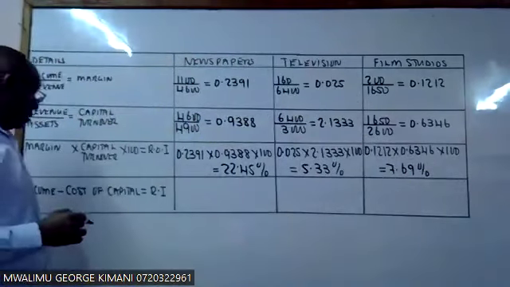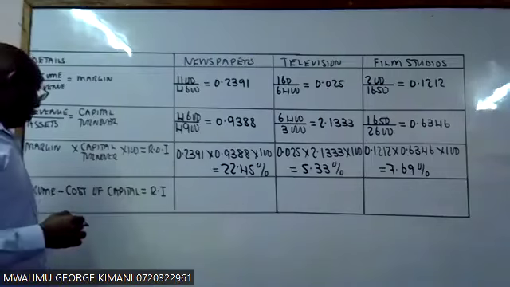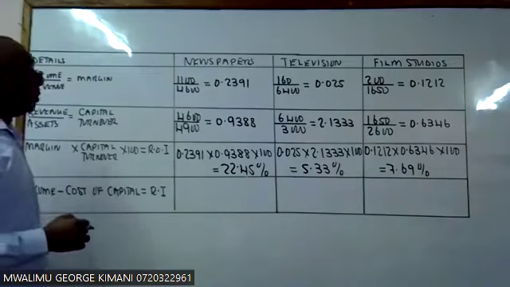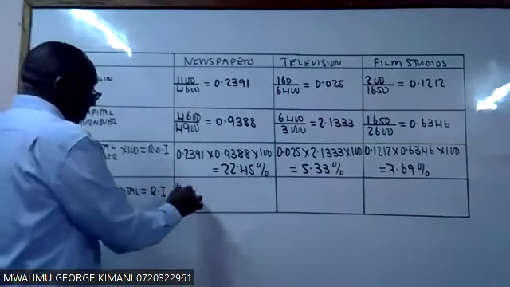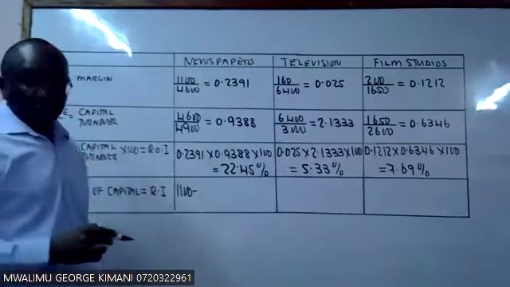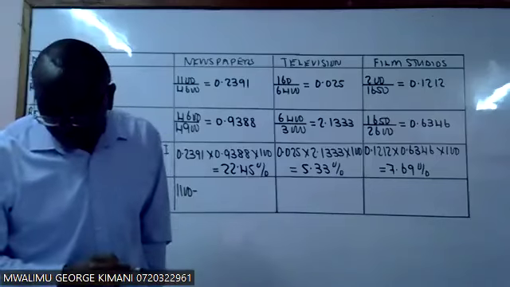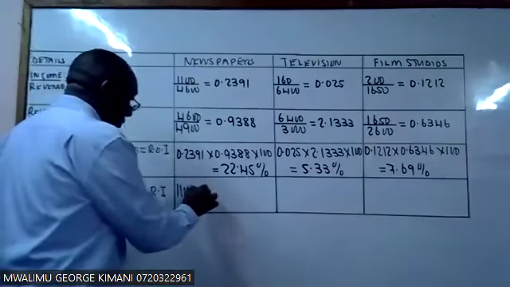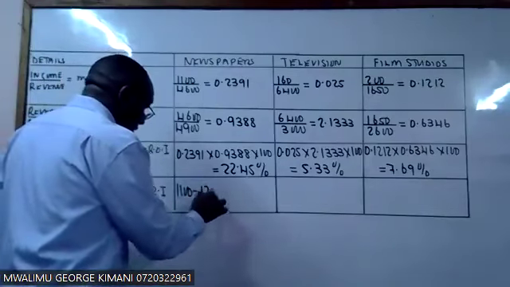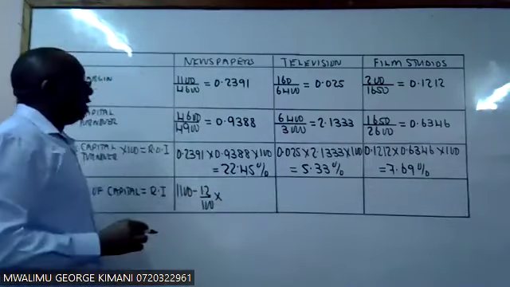Then for the residual income, you get the income, which is 1100 here, minus the cost of capital. The cost of capital, we are told the rate of return is 12% of the capital.